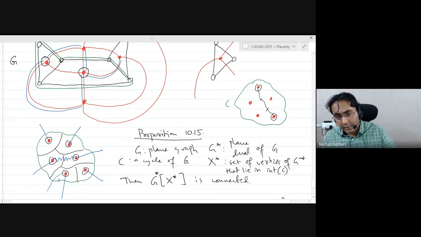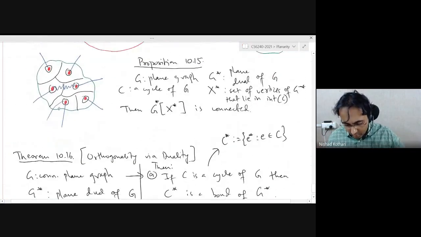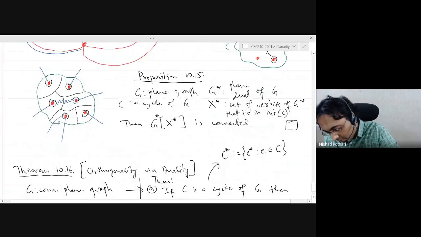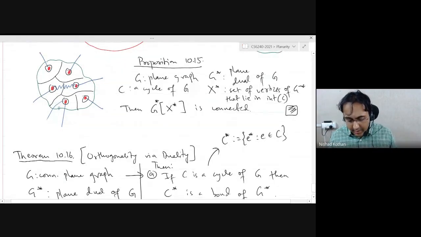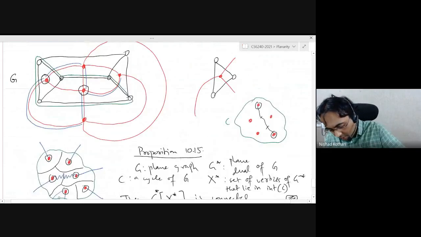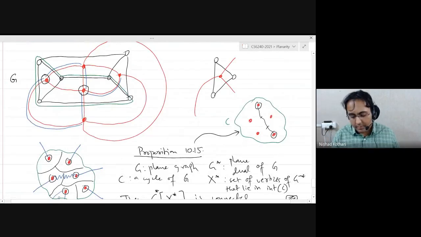In particular, the dual induced by X star is a connected subgraph. That's that. It simply relies on formalizing this argument.